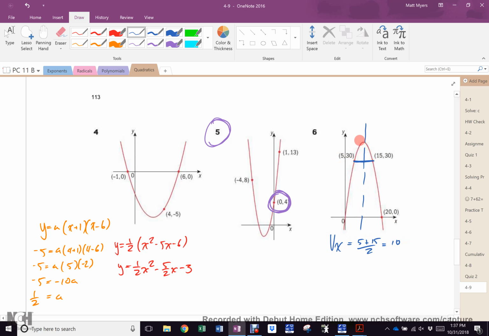Now you have the x of the vertex, don't you? Once you have the vertex, which you know is x equals 10, you can do some work, yeah? The vertex is an x value, isn't it? Okay. So what can you do to figure that one out? We've done one of these in our notes when we only know the x.